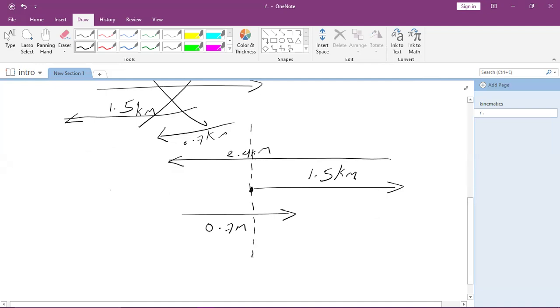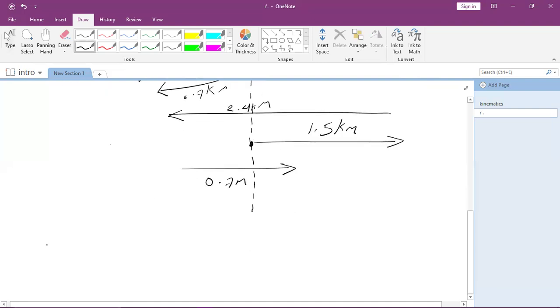Now, our original direction was 1.5 kilometer to the east. Now you do 1.5 kilometer minus this 2.4, because she turned around.